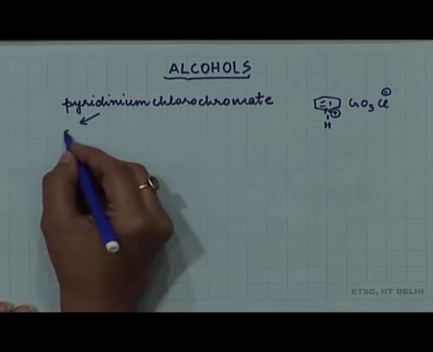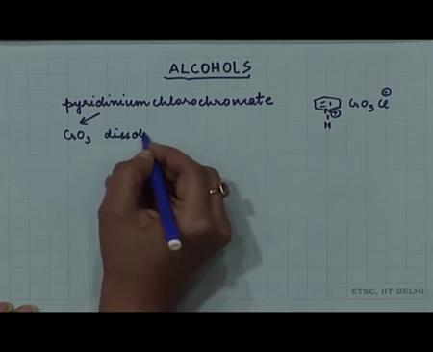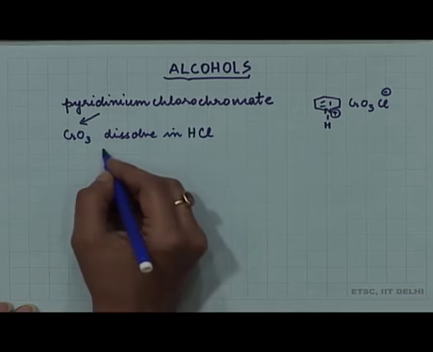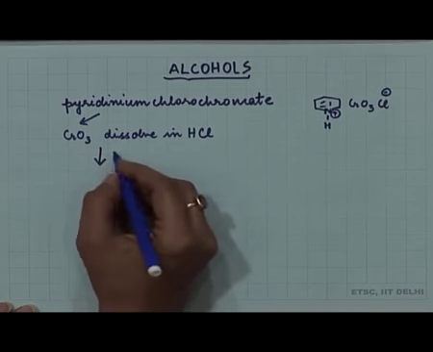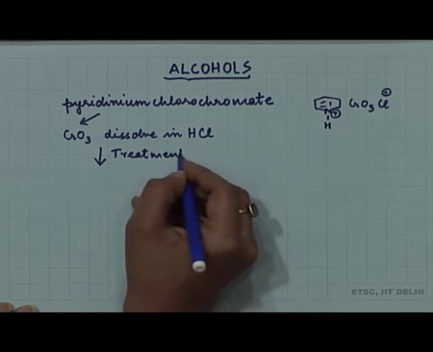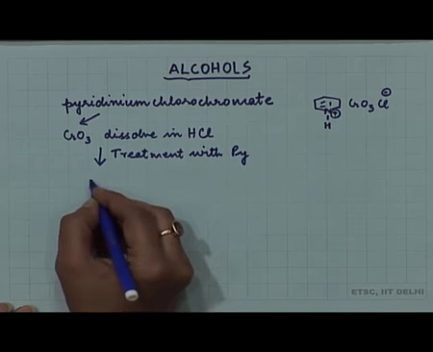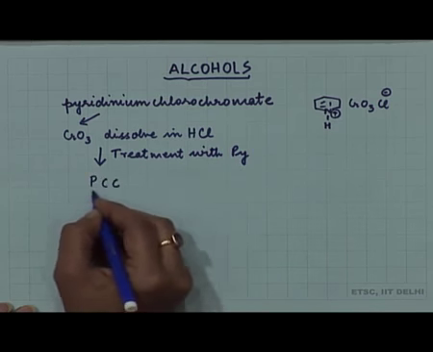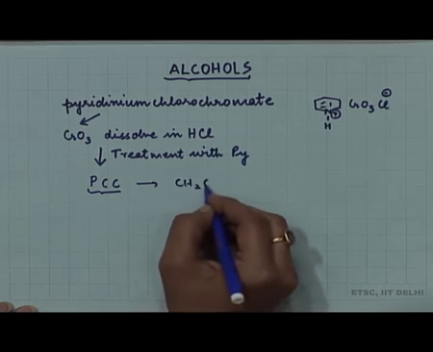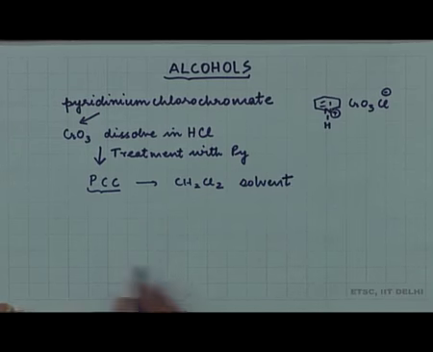For this you take chromium trioxide and dissolve it in HCl, and this is followed by treatment with pyridine. Eventually you get your compound, pyridinium chlorochromate. This pyridinium chlorochromate is taken in dichloromethane as the solvent and used for the oxidation of alcohols.